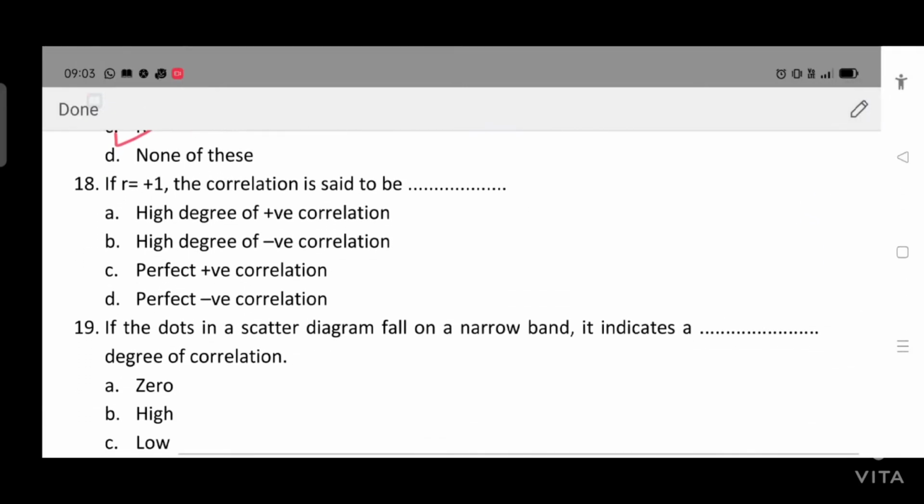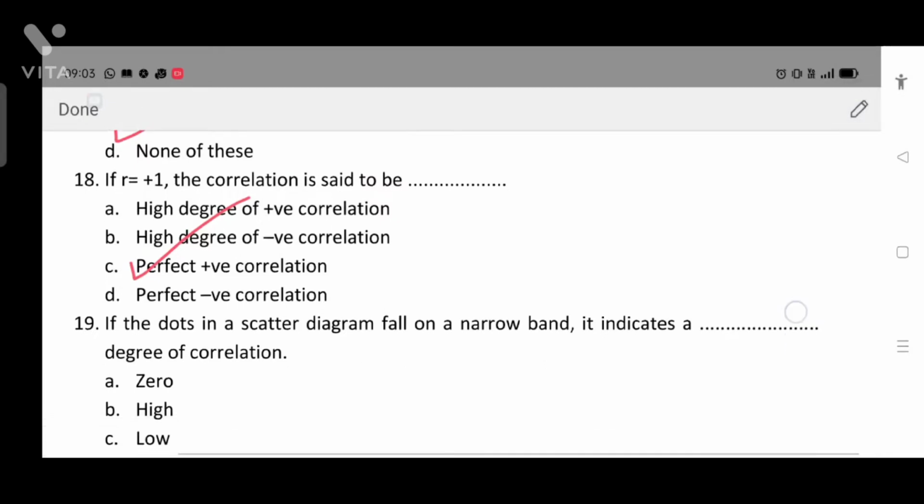If R equals +1, the correlation is said to be A, B, C, D. Answer C. The perfect positive correlation.